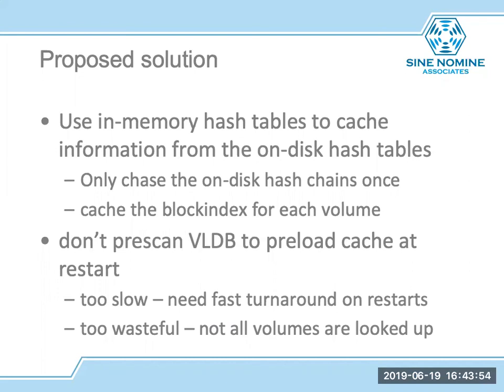So we were going to come up with a scheme to take the contents of the disk hash tables, and as we navigate those hash tables, we're going to keep or cache the results in memory, and also keep track of when the one on disk changes, so we make sure that the memory one is kept in sync.